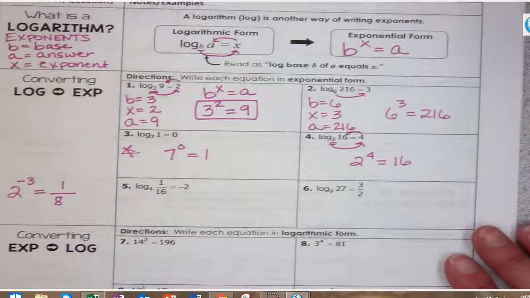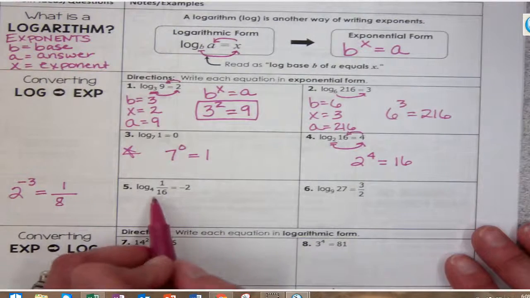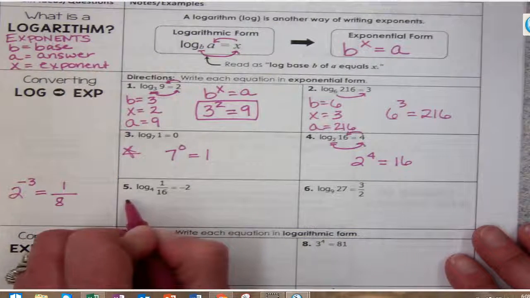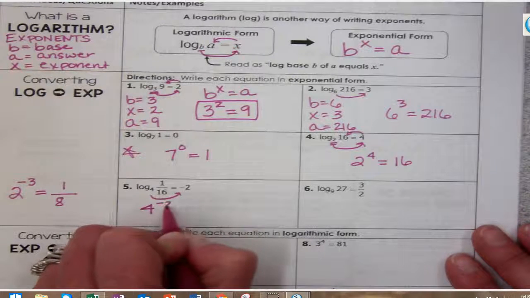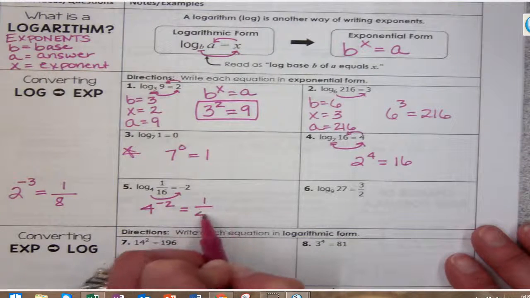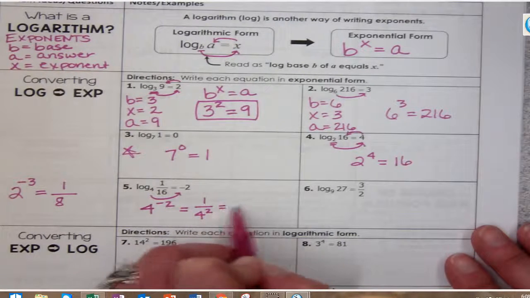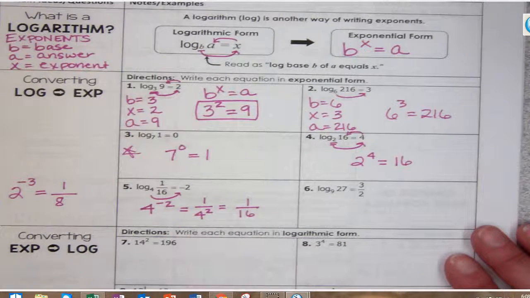It doesn't mean that it's a negative number. It means that it goes into the denominator. So for an example here, I've got 4 is my base, raised to the negative 2. That's going to be the same as 1 over 4 squared, which is 1 over 16. Do you see that? All right.